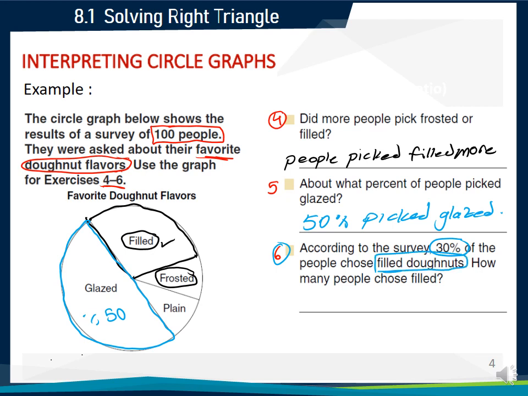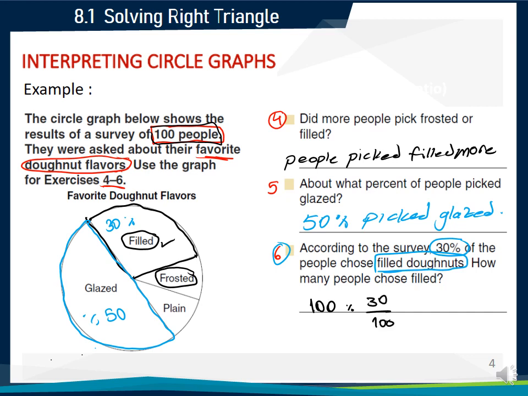How many people choose filled? In here this filled is 30%. But how many people? We have to find the number of people. So we have a total number of 100. Yes, we have 100 people. So we can say 100 multiplied by 30%. It means 30 over 100.